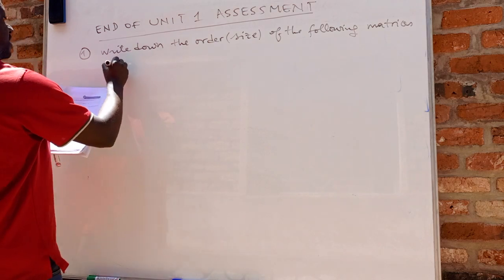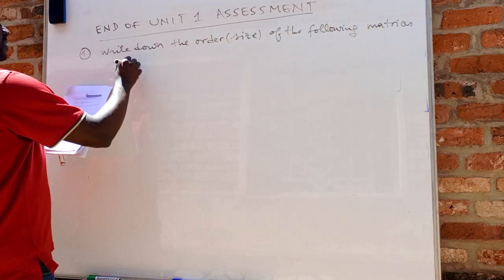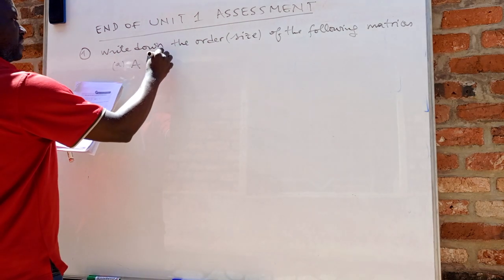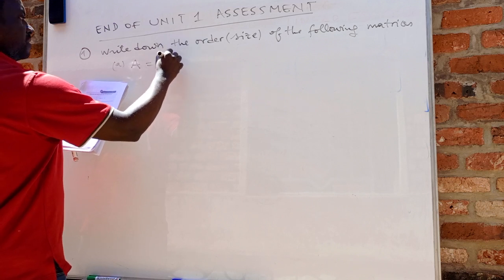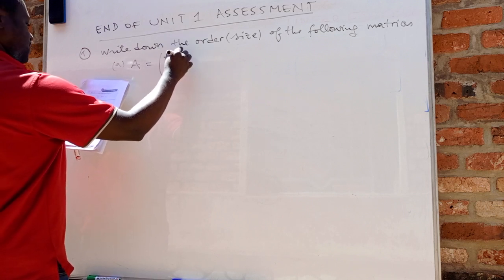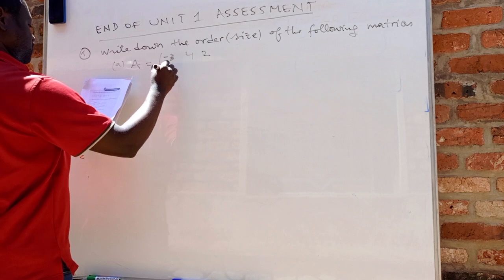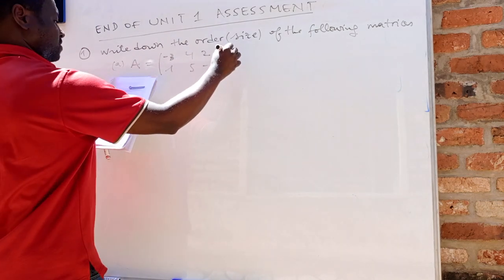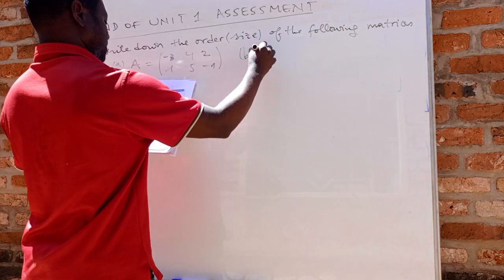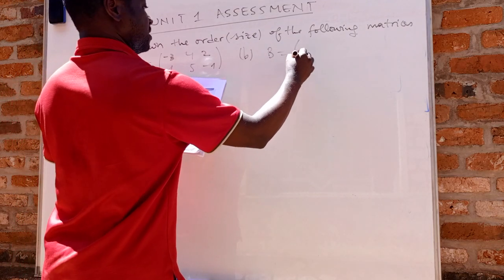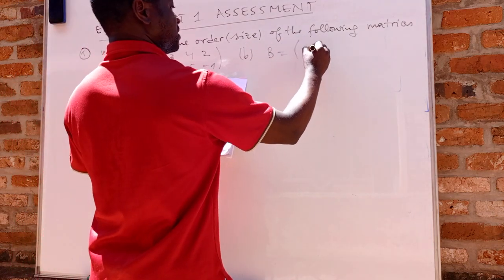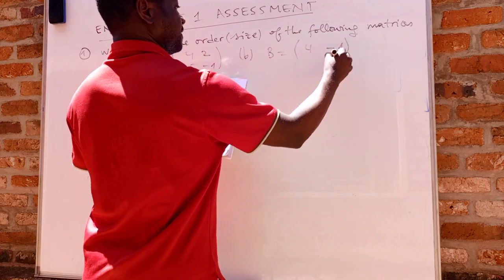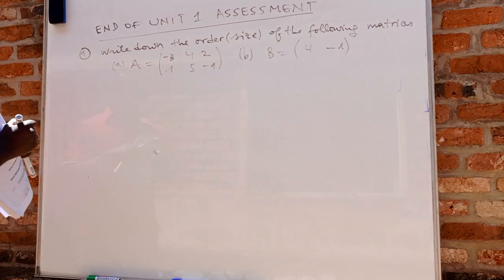So we have matrix A, a 2 by 3 matrix: -3, 4, 2, 1, 5, -1. The second matrix is a 1 by 2 matrix: 4, -1.